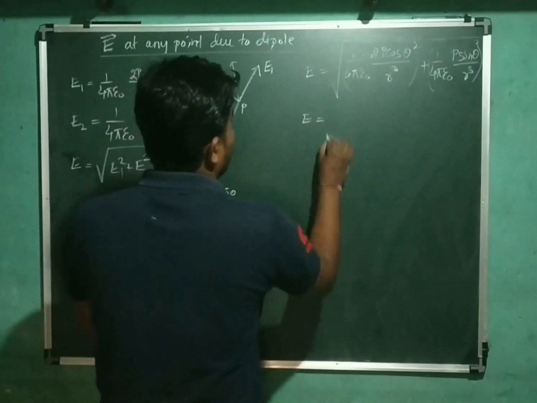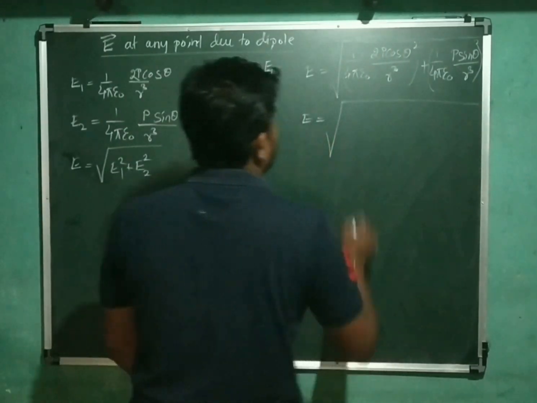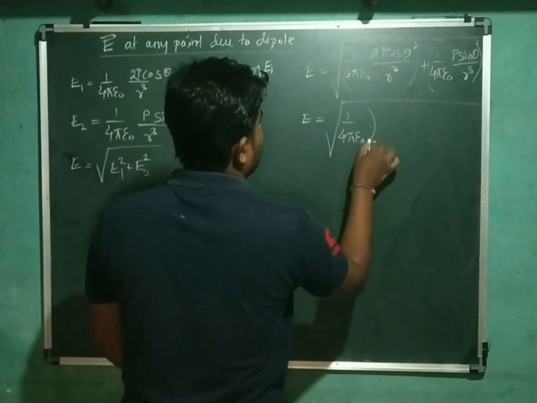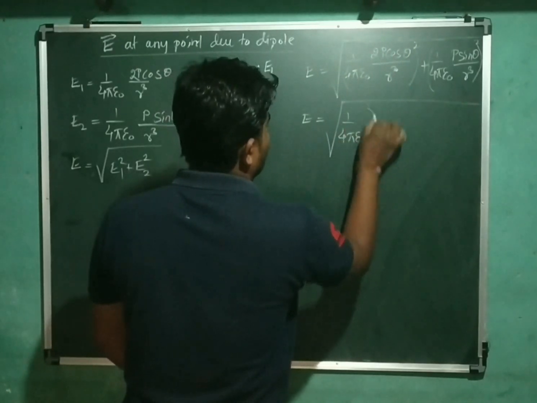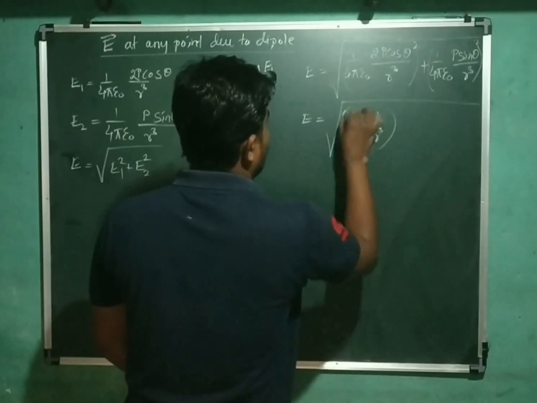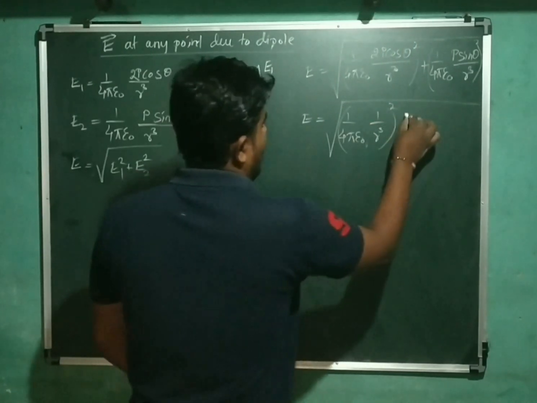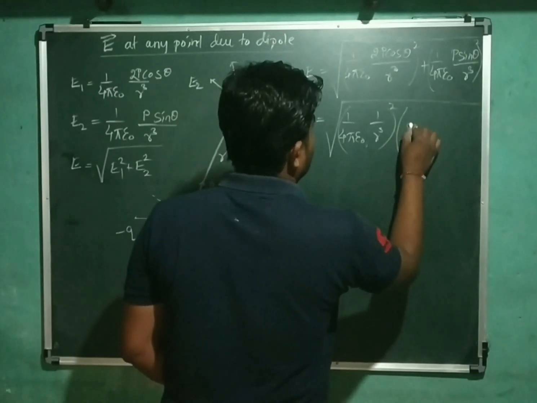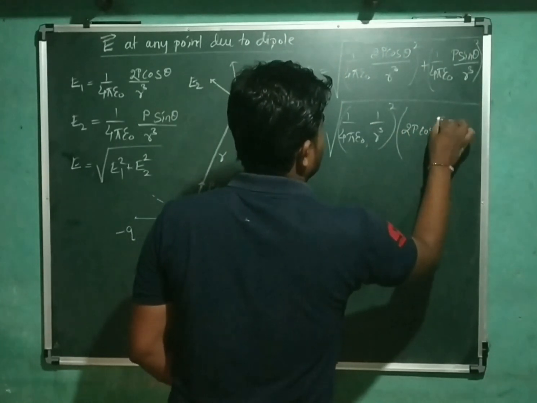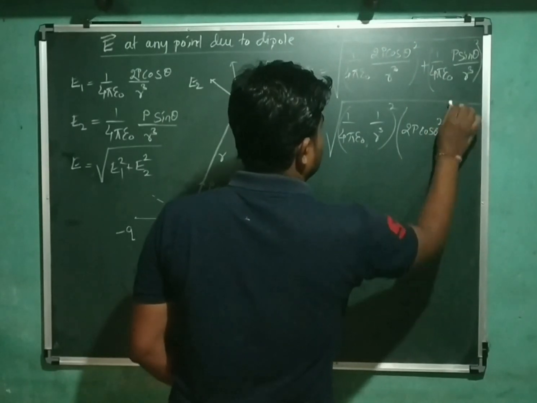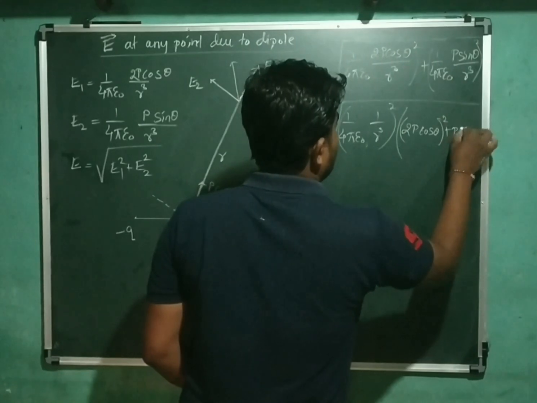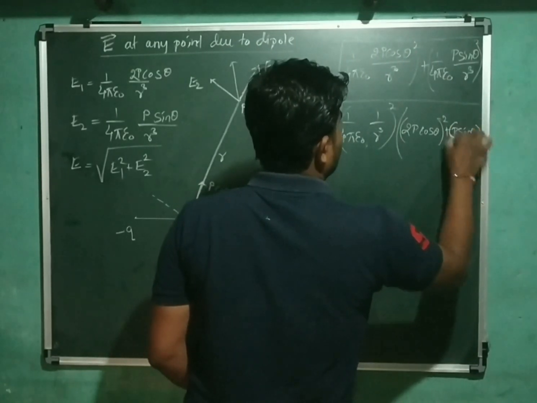E is equal to under root 1 divided by 4 pi epsilon naught, and 1 divided by r cube is common. And inside the bracket, 2p cos theta square plus p sin theta square.